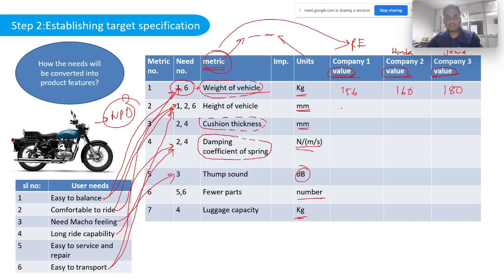Again, height of the vehicle can be 120 mm, this is 130 mm, this is 140 mm. So likewise, you try to fill all this information to understand where the competitors' design specifications come into the picture.